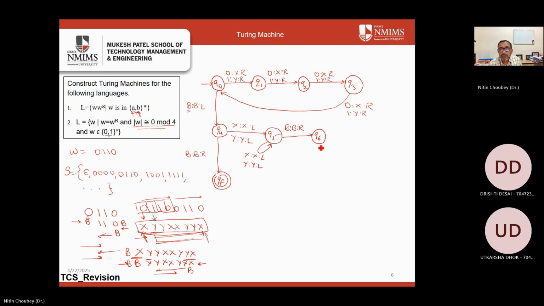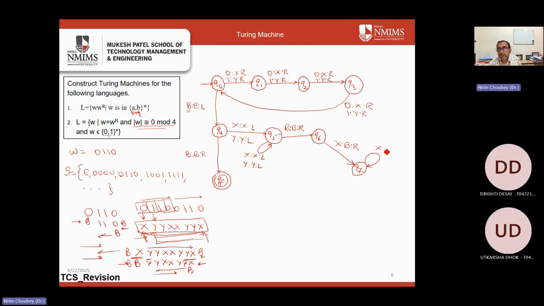So let's write here, in Q6, if we get X, X is replaced with blank, move to right, Q7. Beyond this X, we must get all X and Y till the right blank.